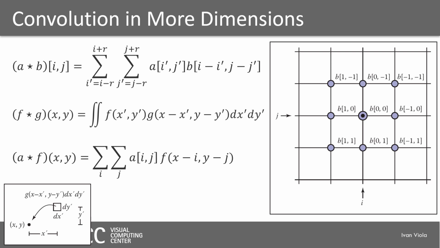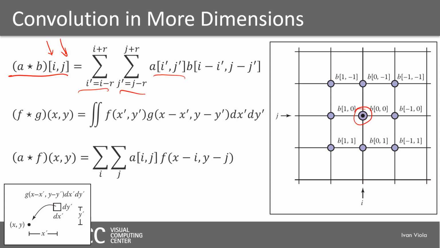So the good thing is that the convolution in several dimensions is defined in a very intuitive way. A convolution at a particular location of a two-dimensional array indexed by i and j is just a double sum, evaluating or taking the samples which are nearby our particular sample location.